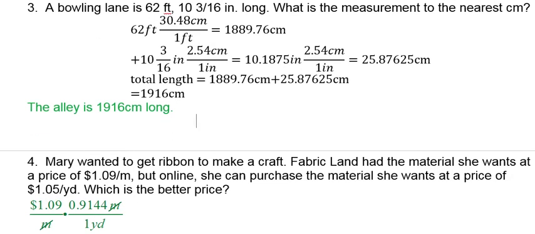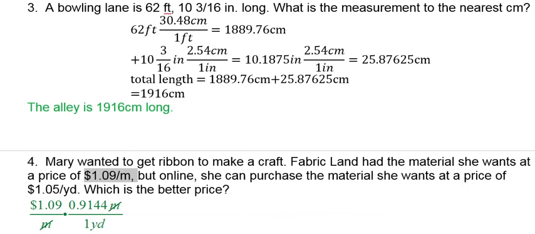Now this is a little bit tricky because my $1.09 per meter, the meter I want to get rid of is in the bottom. So when we're converting something that is a composite measurement like this, another example would be kilometers per hour, be careful with where you're moving those units.